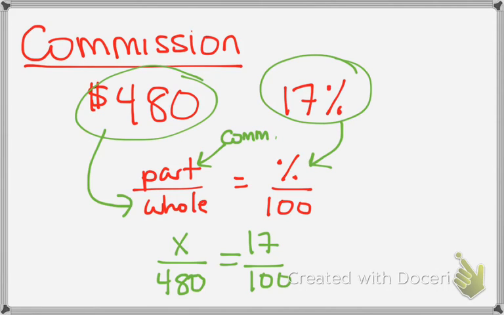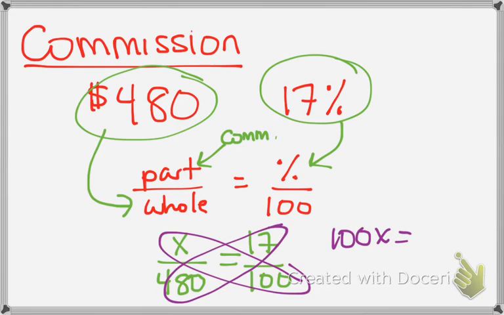And now I'm going to multiply everything. Whenever you have a ratio equals to a ratio or a fraction equals to a fraction, you have to cross multiply. So let's see. That's obviously 100x. 480 times 17 is 8,160.